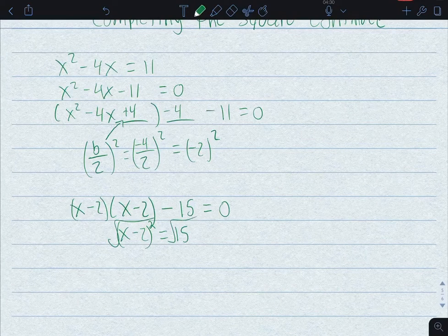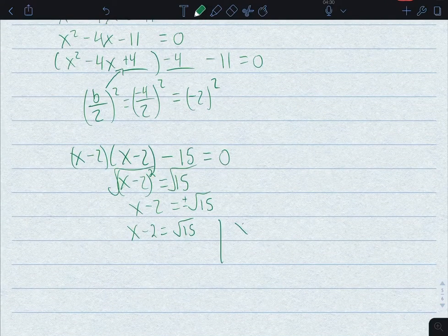We're going to square root. x minus 2 equals square root 15. Square root 15 can't be brought any lower. The factors are a 3 and a 5, which are both prime. So that's just going to be a plus or minus square root 15. So our two options are x minus 2 equals square root 15, or x minus 2 equals negative square root of 15.